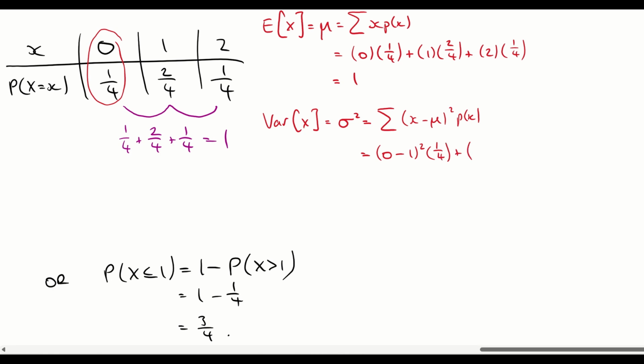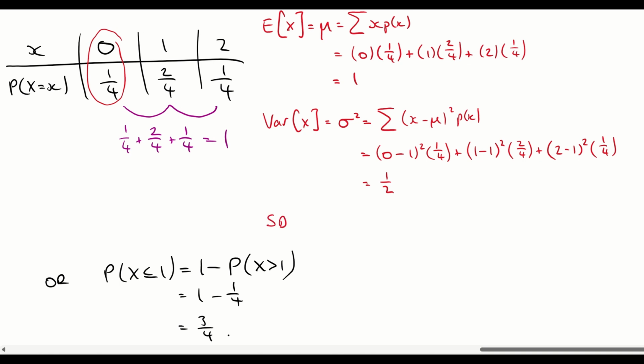Add that on to 1 minus our mean squared, multiplied by the probability of getting a 1, add 2 minus our mean squared times the probability of getting a 2. And if you put this into a calculator, you just end up with a half.